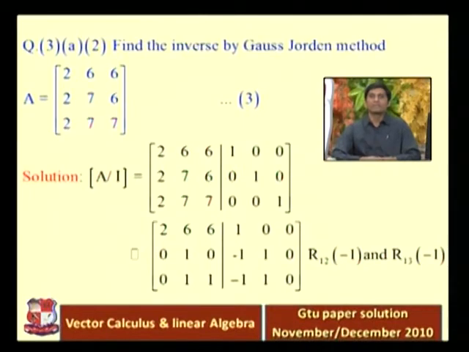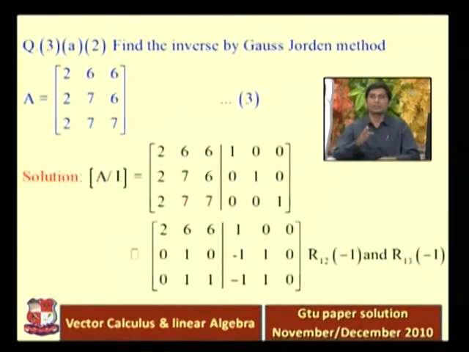So the first row is as it is: 2, 6, 6, 1, 0, 0. We multiply the first row with minus 1 and add it to the second row, so the second row becomes 2 minus 2 = 0, 7 minus 6 = 1, 6 minus 6 = 0, 0 minus 1 = minus 1, 1 minus 0 = 1, 0 minus 0 = 0.